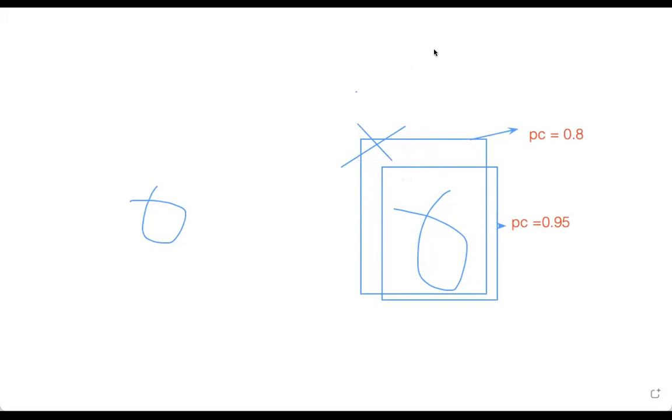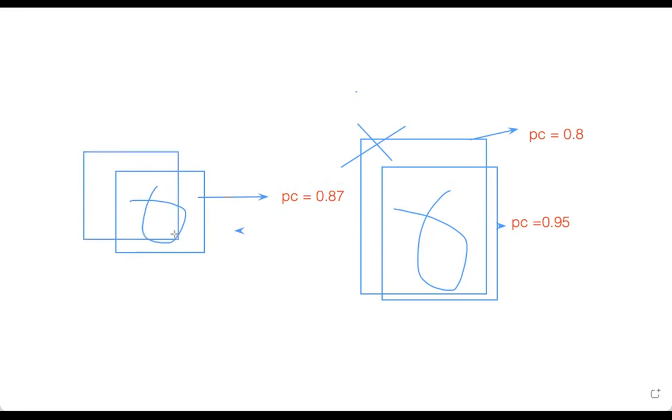Terus ini juga, for example, this one. This is the bounding box that has PC-nya, for example, kita asumsikan nilainya 0,87. Terus di sini ada itu lagi, PC-nya ini 0,6.